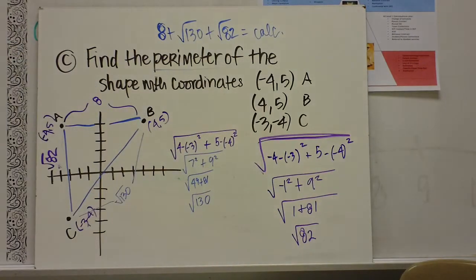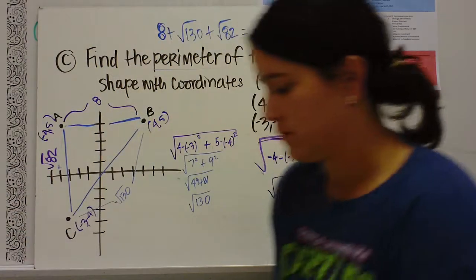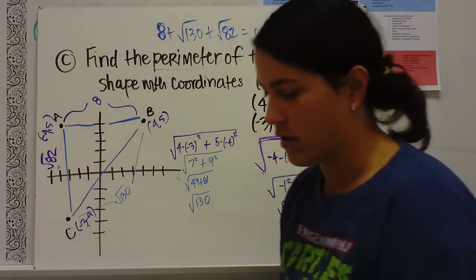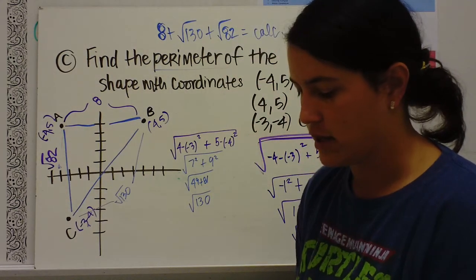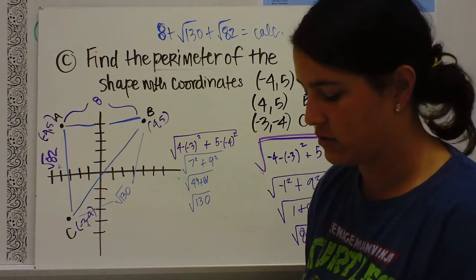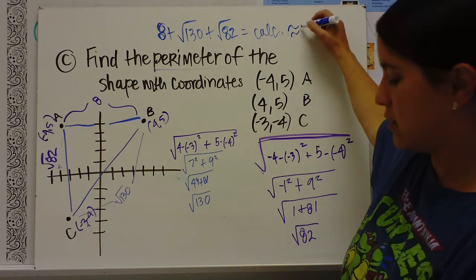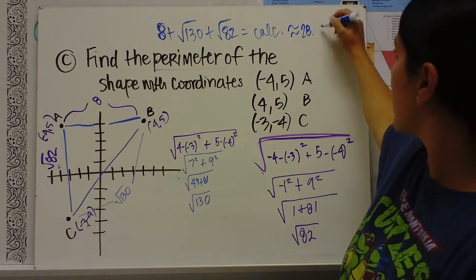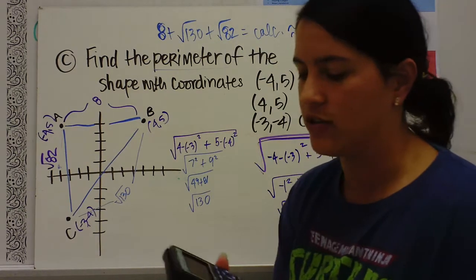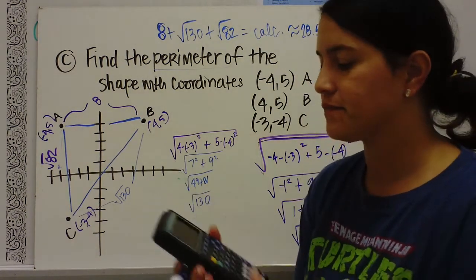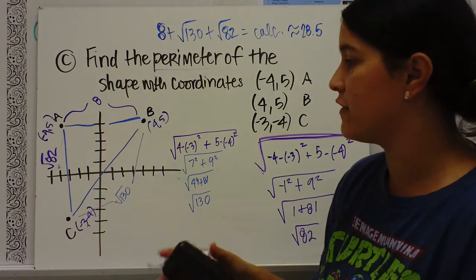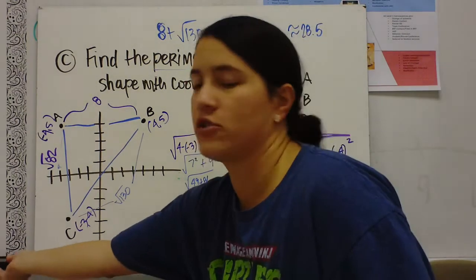Let's try it. The square root of 130 plus the square root of 82 plus 8 is about 28.457. So 28 and a half feet, inches, meters, whatever.